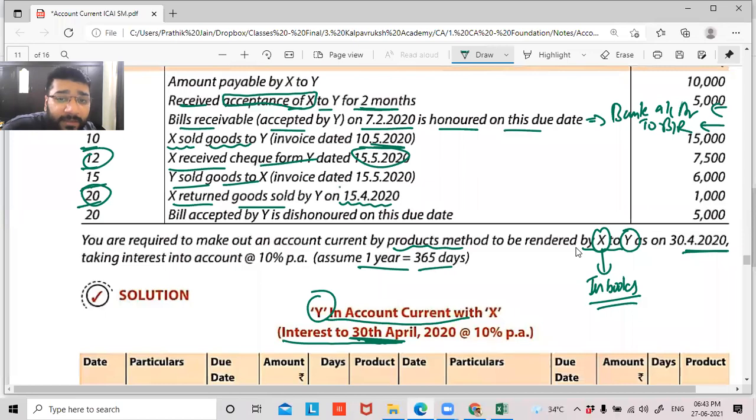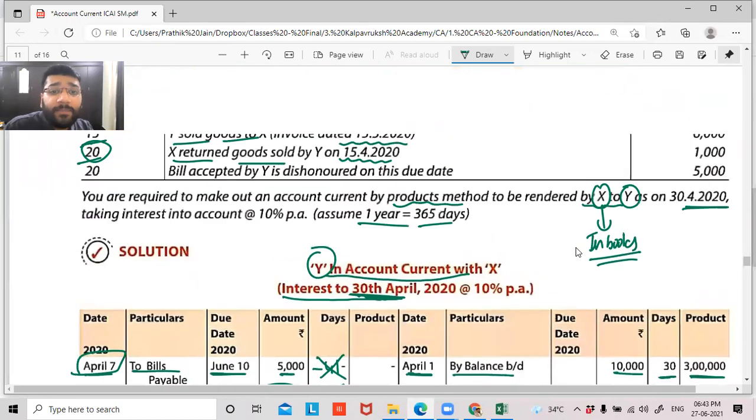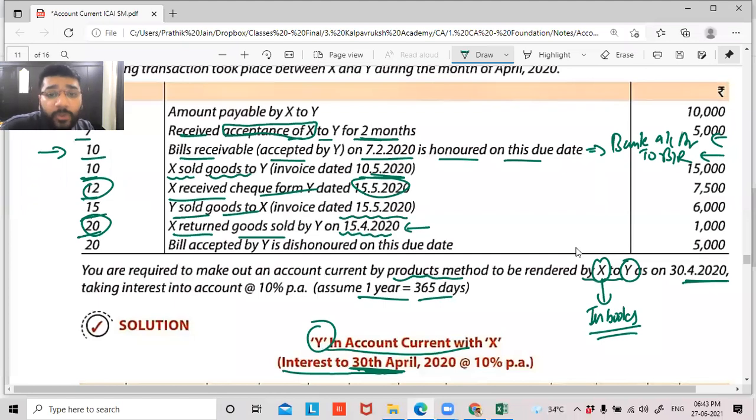Now, if you take 15th April 2020 as your due date, don't you think that will be wrong? Tell me, guys. Can I say this and this transaction are related to each other?